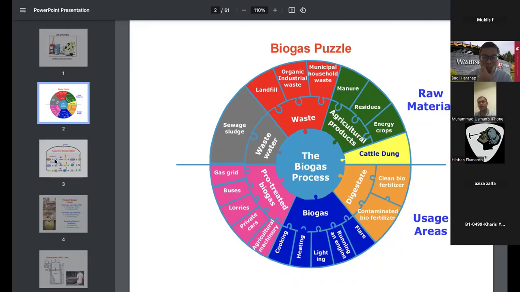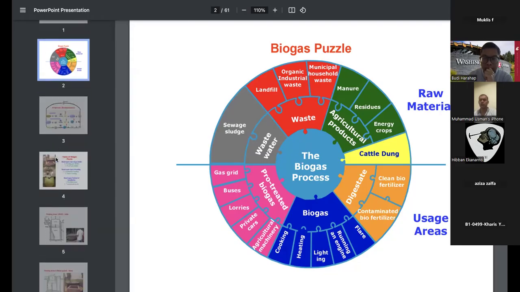Besides these agricultural wastes, we can also use the organic fraction of municipal solid waste, household waste, landfill waste, and sewage sludge. These are the feedstocks which can be used in the biogas plant.